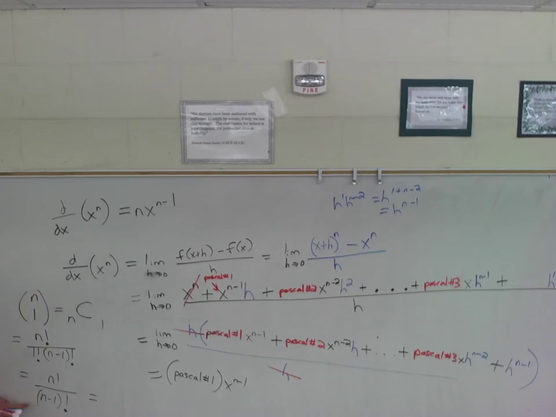And how do you simplify that? That doesn't look like n to me. But it is. Why? Because it's just starting off. If you had the number 5, for instance, you have 5 times 4 times 3 times 2 times 1, and at the bottom you have 4 times 3 times 2 times 1, so you're just left with 5.